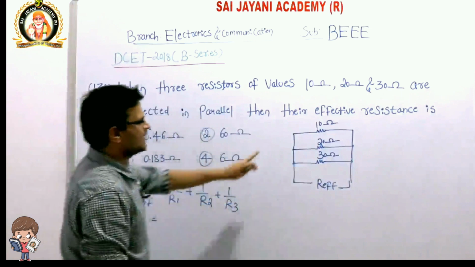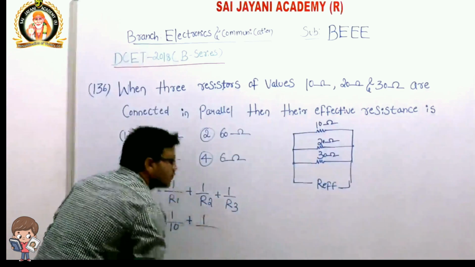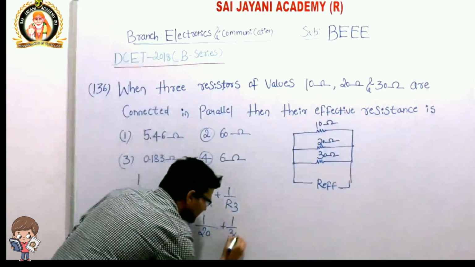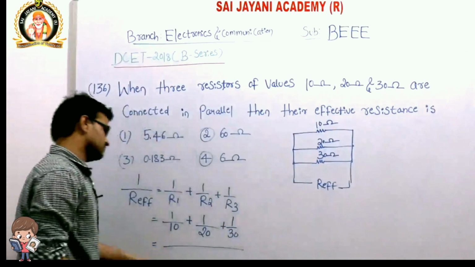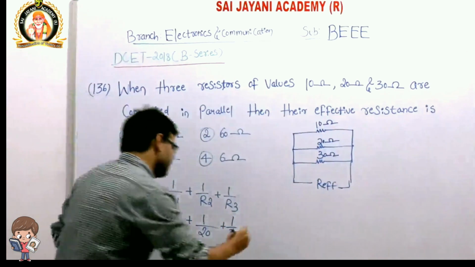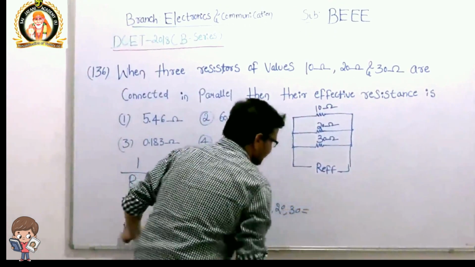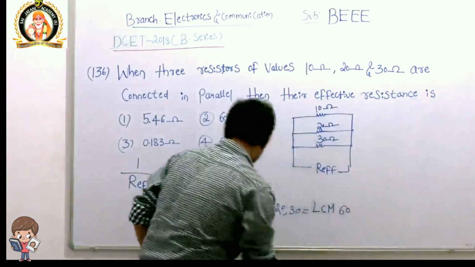We know the R values, so it is 1 by 10 plus 1 by 20 plus 1 by 30. Now we can find the LCM for 10, 20 and 30. We get the LCM as 60.